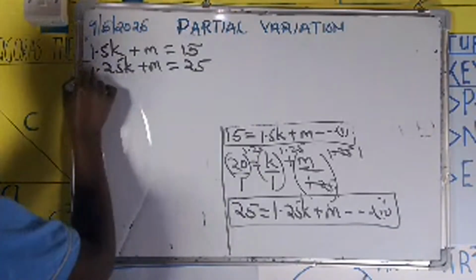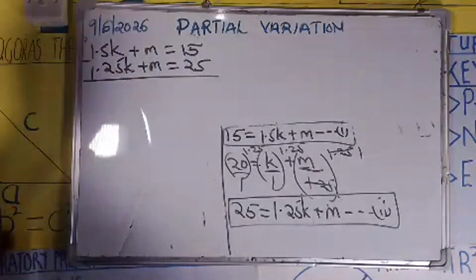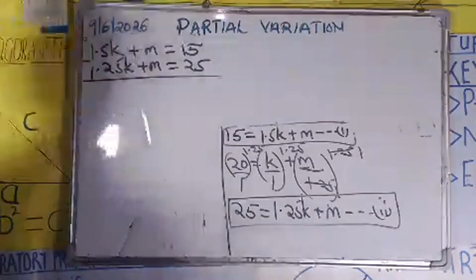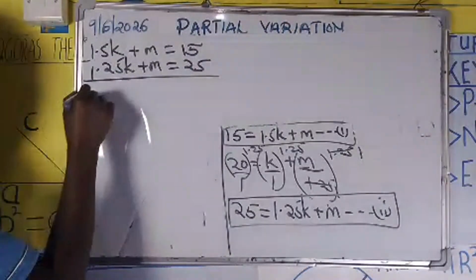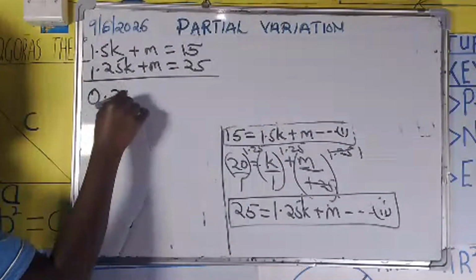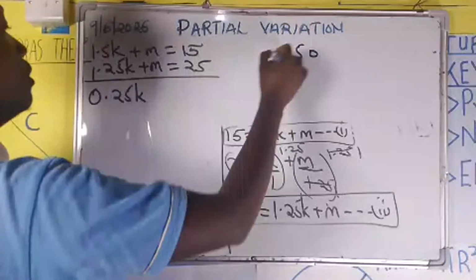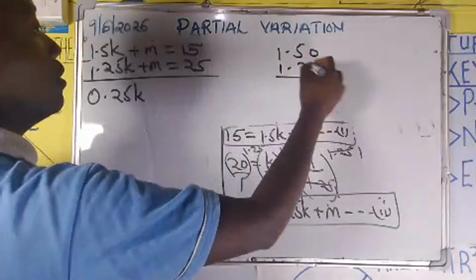So we subtract 1.5k minus 1.25k. Utapata nini? Will you get 0.25k? If I'm not mistaken, 1.50 minus 1.25.